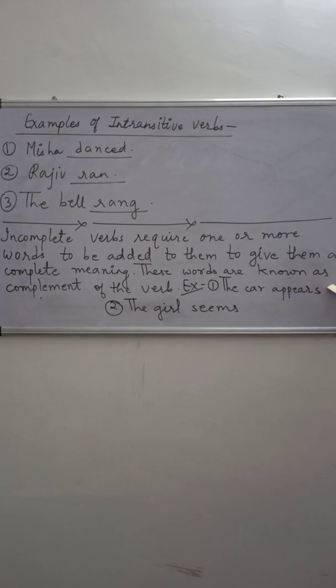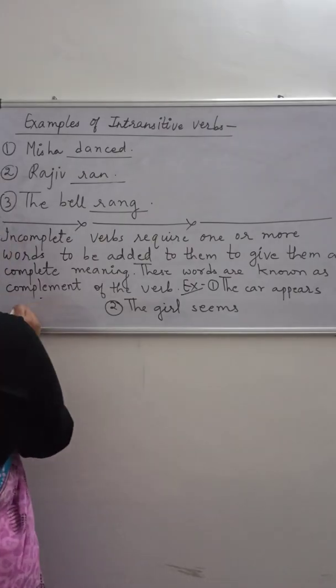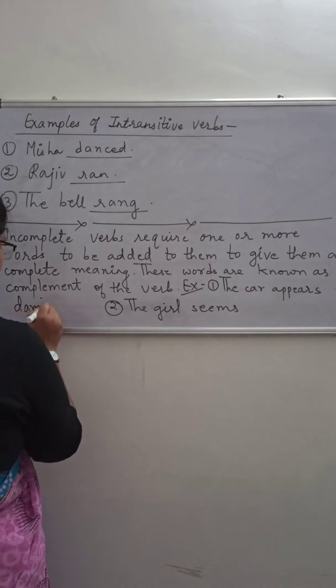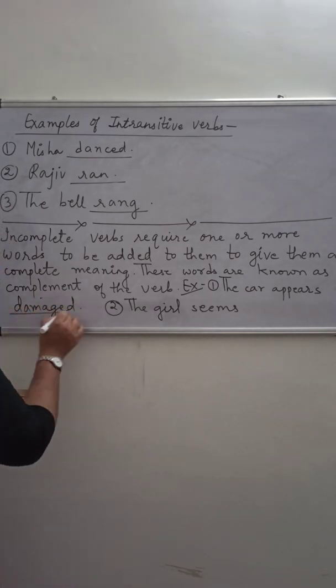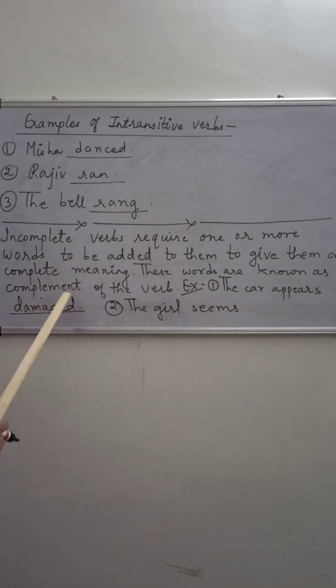So now if we want to complete the meaning of this incomplete verb, we have to add something, right? So if we add the word, say, damaged. So damaged becomes the complement of the verb.